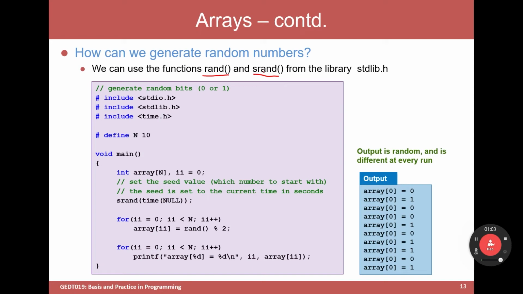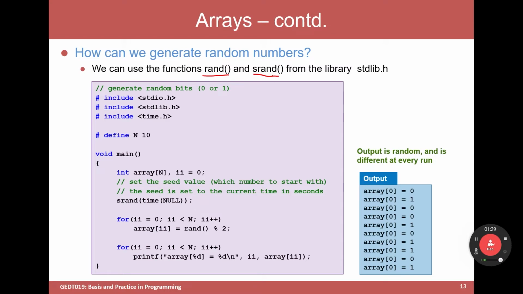That means every time you will have different output, because the random values will depend on the seed given to the software for the random function, and from that seed we will generate the random numbers. So if you give a different seed, you will have different random numbers.